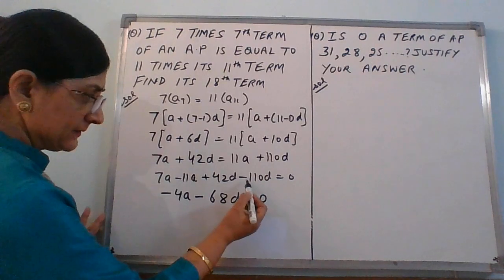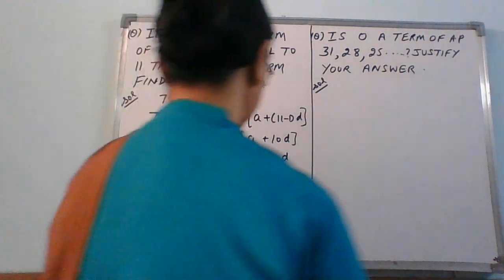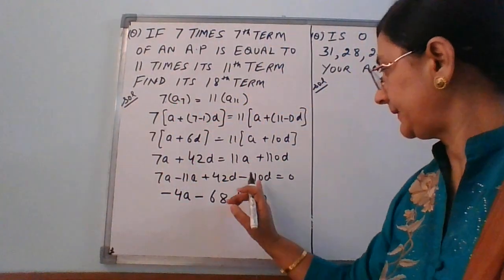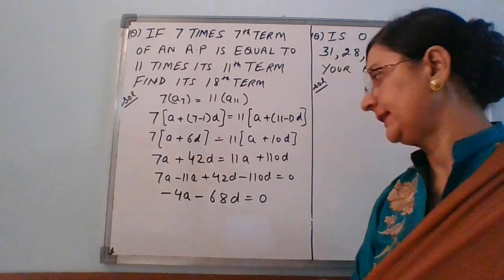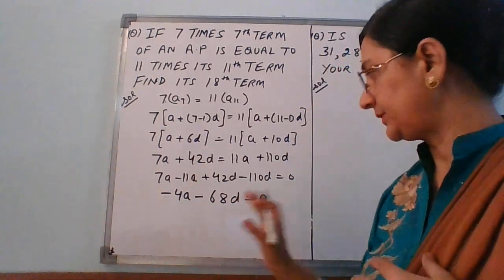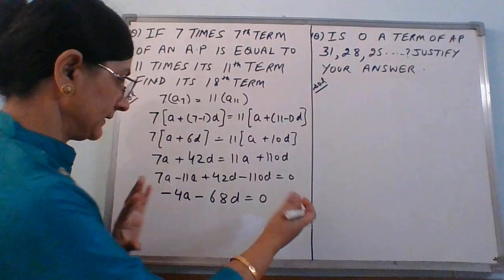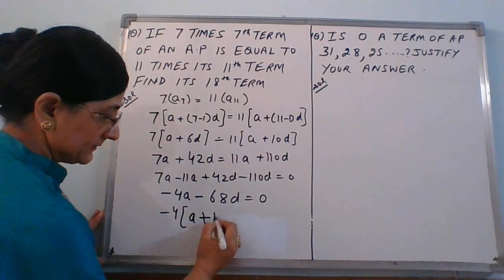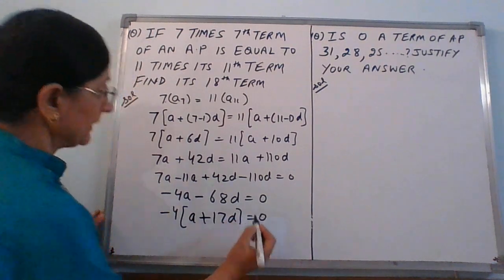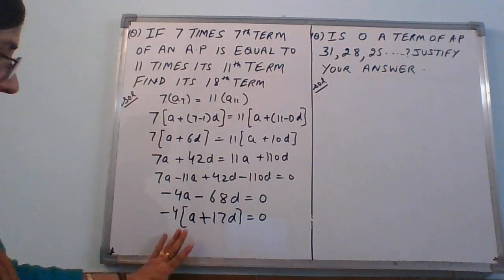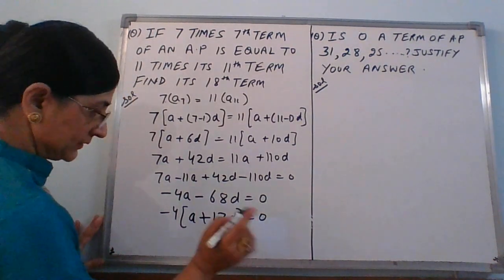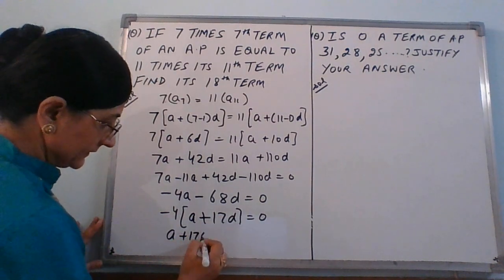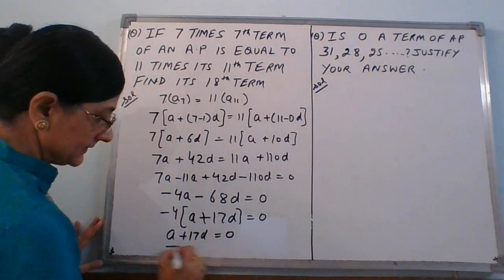We have subtracted, and the sign of the greater number comes because greater was 110. So now we can take out common, right? There is nothing on the right side. So if we take -4 common, we get a plus 17d. The 4 goes to the other side and becomes 0. So a plus 17d is equal to 0.